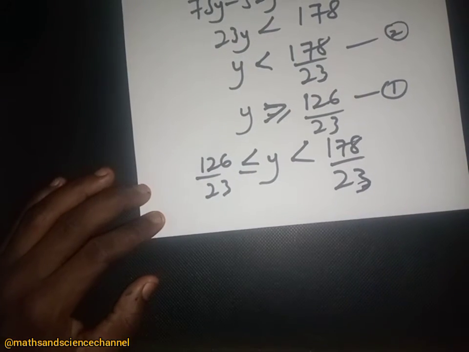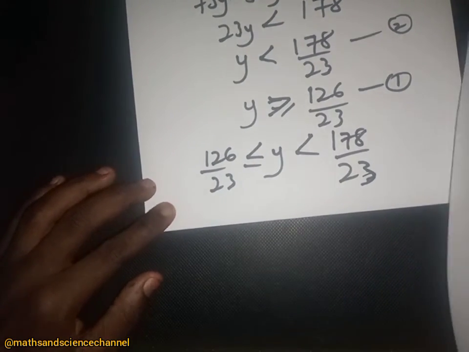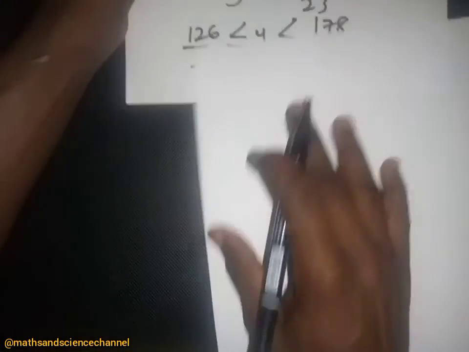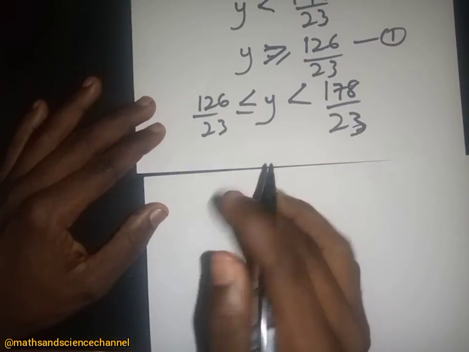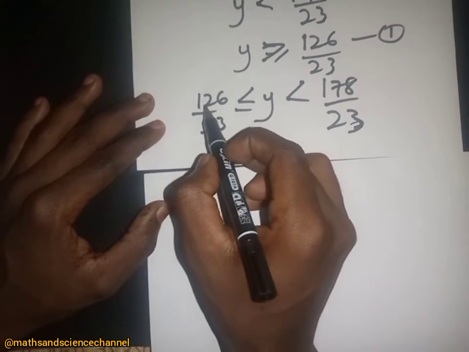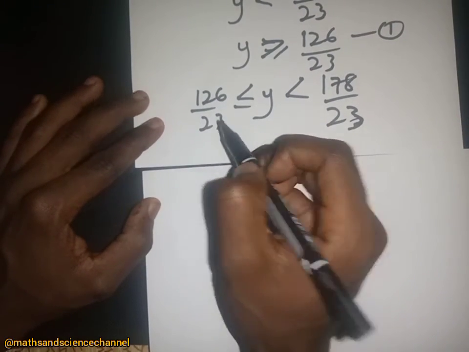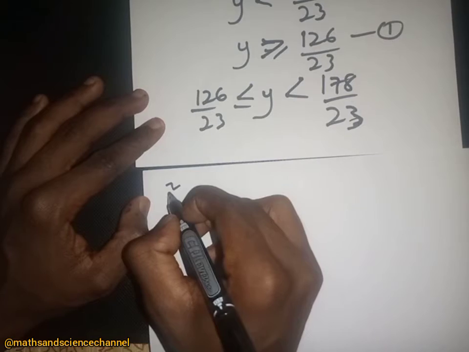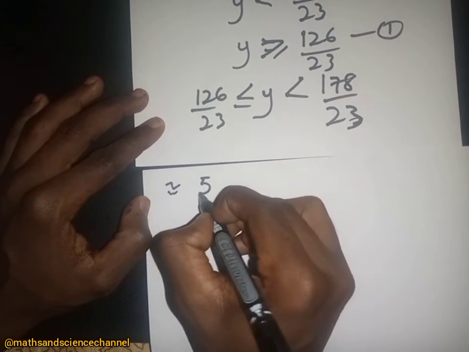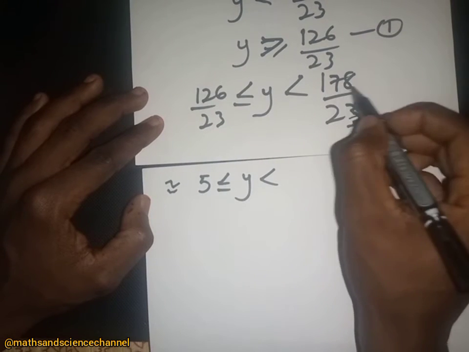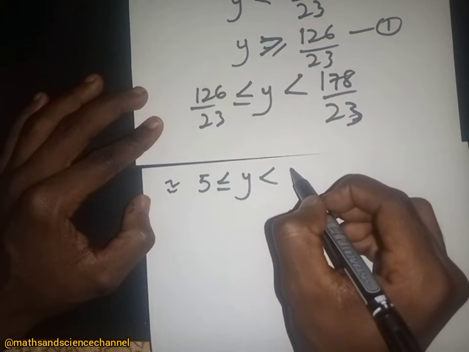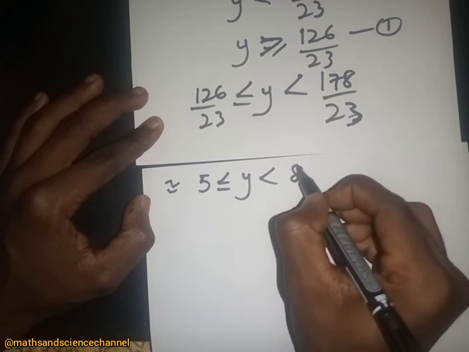So this is what we have. Now we have the y values: 126 divided by 23 is approximately equal to 5, so 5 is less than or equal to y, and 178 divided by 23 is also approximately equal to 8.